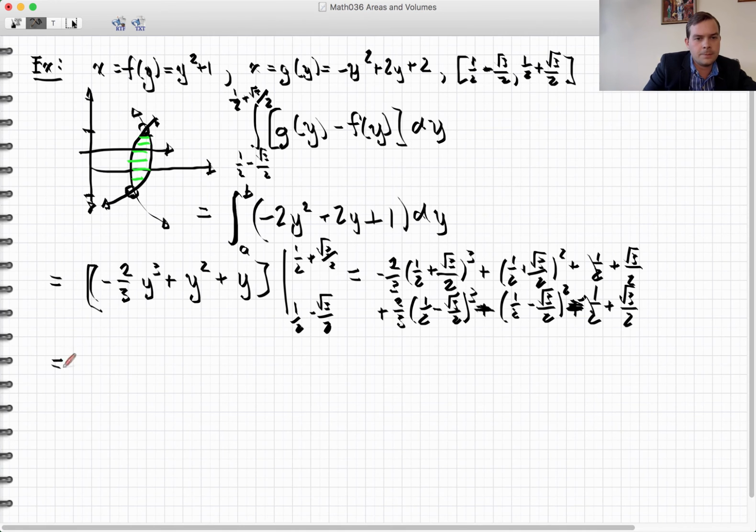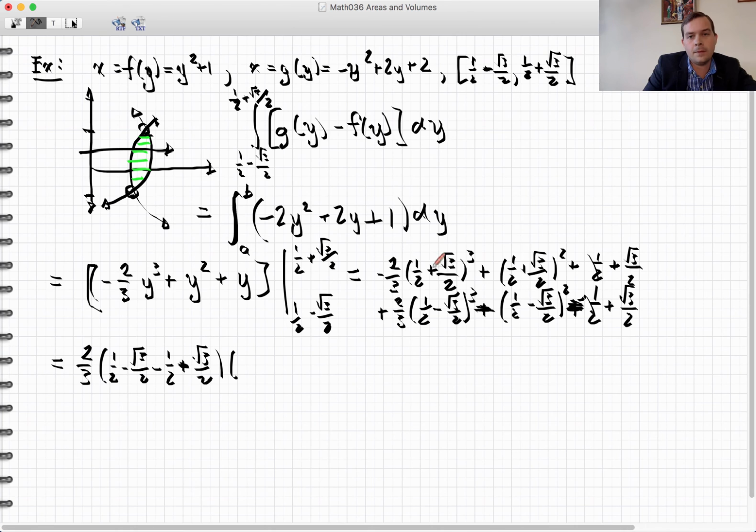So this is equal to 2/3, well, the difference between two cubes, I'm going to take this term and then I'm going to subtract off this term as the first part, and so I get 1/2 minus square root 3 over 2 minus 1/2 minus square root 3 over 2.